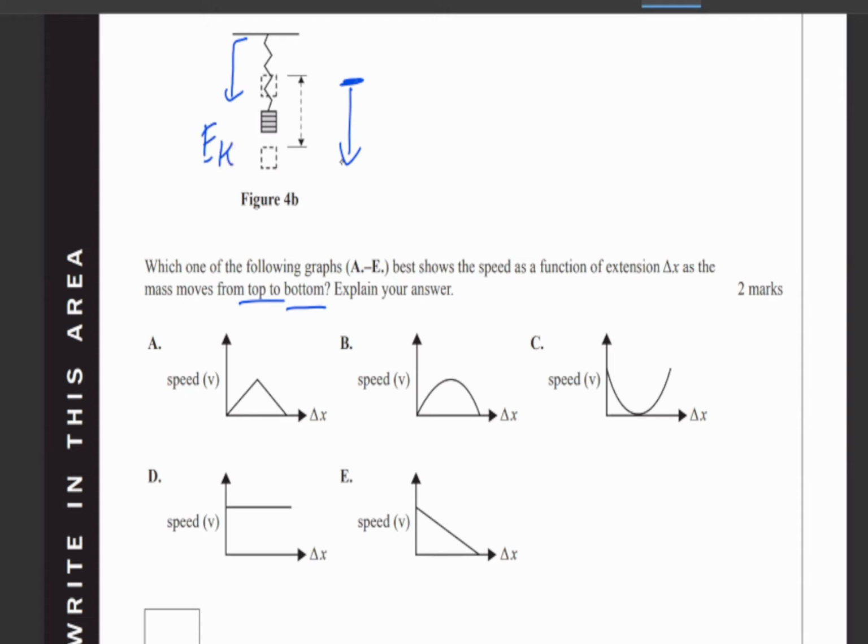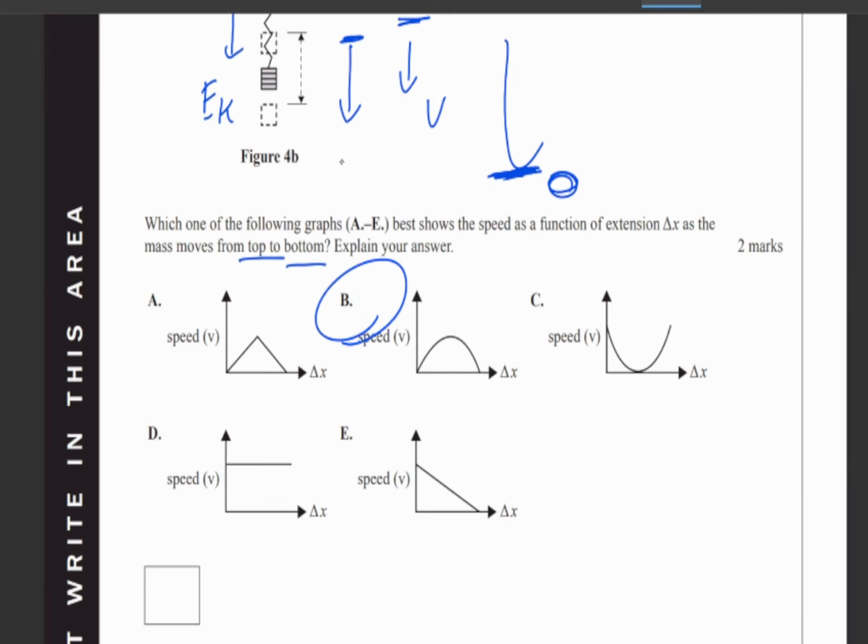As this goes from the top to the bottom, the velocity increases until it reaches this low point, like a parabola, I guess. And then that's going to be 0 because it's going to be stationary. So the only one that follows that is B. It's definitely not constant. The total energy would be constant, but yeah.